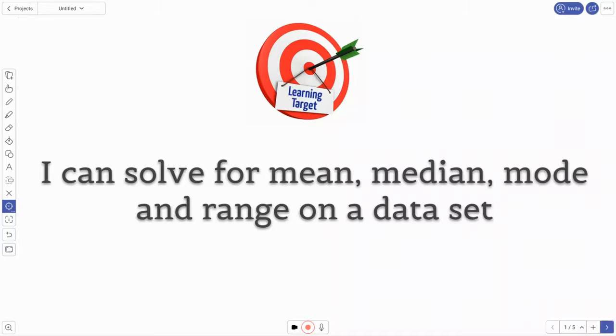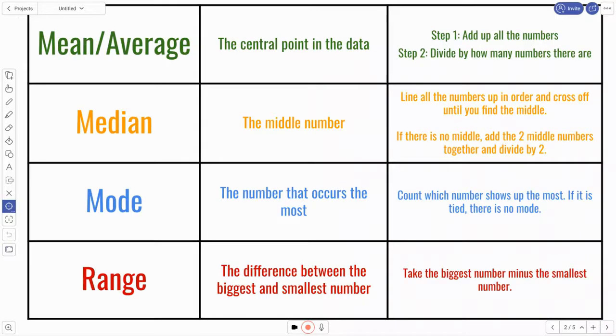Okay, so make sure that you copied this down into your Avid binder. These are the four big things we are going to be having to solve over the next few days: the mean or the average, the median, the mode, and the range. This middle column talks about what each one is. You want to copy that down, but make sure that you know the range is the difference.